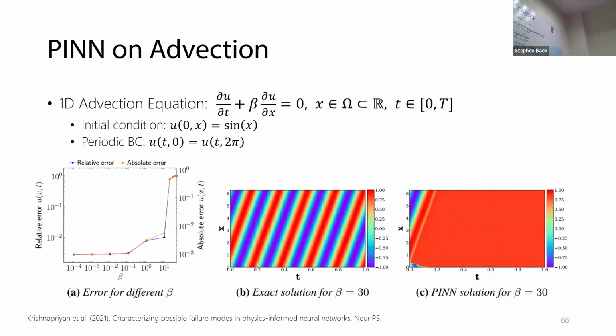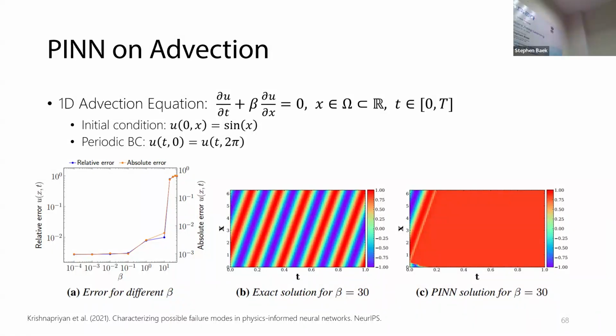So if the neural network was perfectly accurate, then it should be able to produce this result, okay? Notice that beta, the advection coefficient, or simply speaking, the speed of translation, is relatively high. So beta equals 30 is the situation we have.